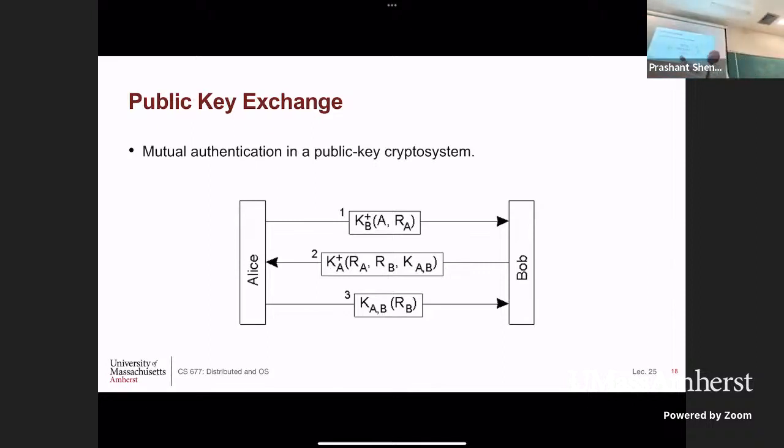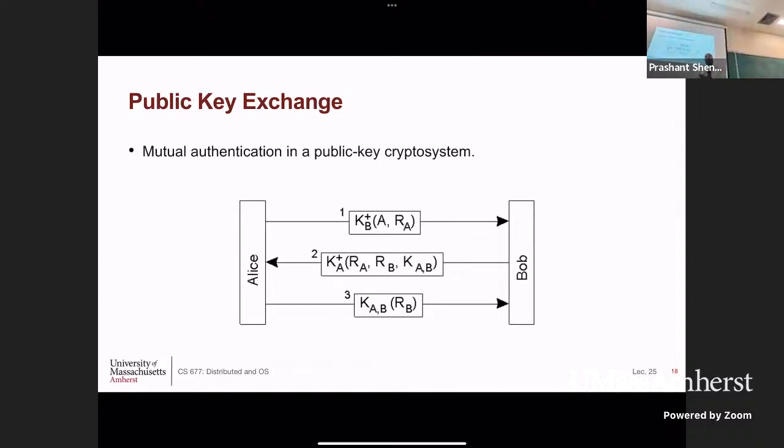Alice then sends back the second nonce encrypted with the session key. At that point, the session can start. So you're using two nonces and public keys to encrypt every message that goes back and forth. You cannot replay this because you are using nonces, so you can never actually use this for any other purpose. So you got rid of the KDC in this case.